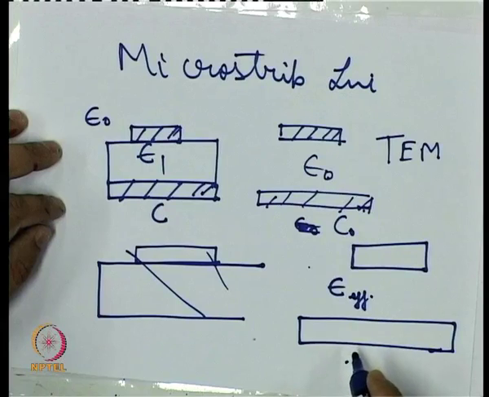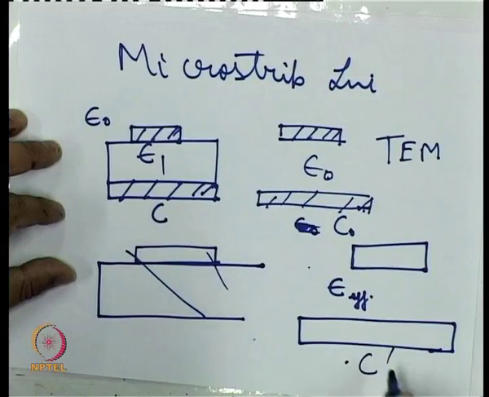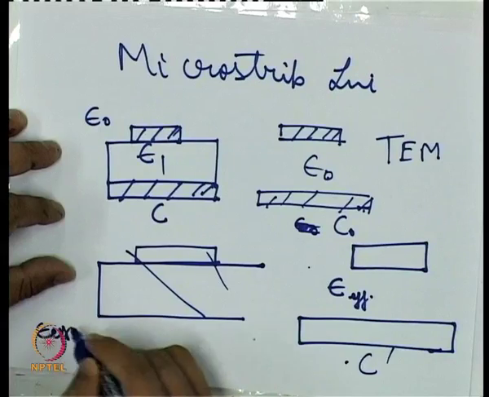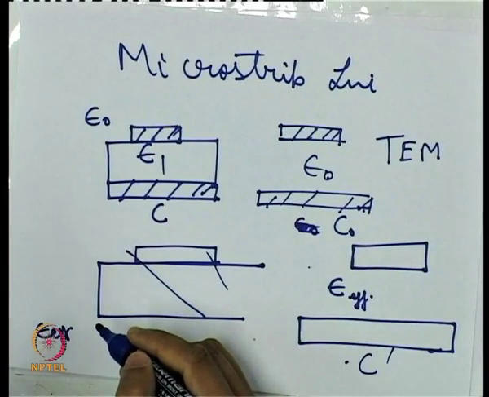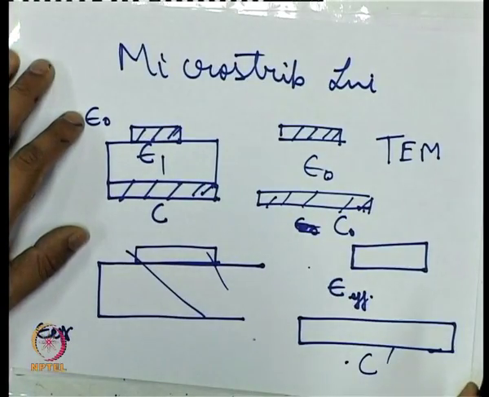Then we can find a relationship for epsilon effective in terms of these measured values of C and C0.